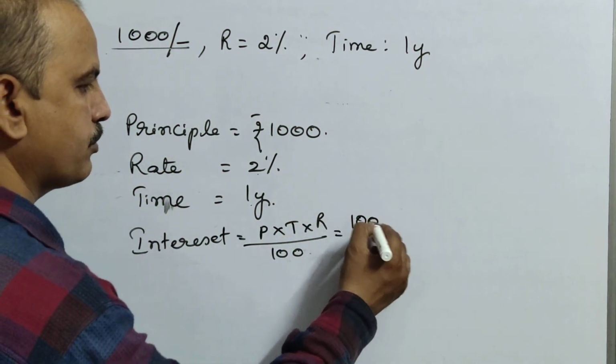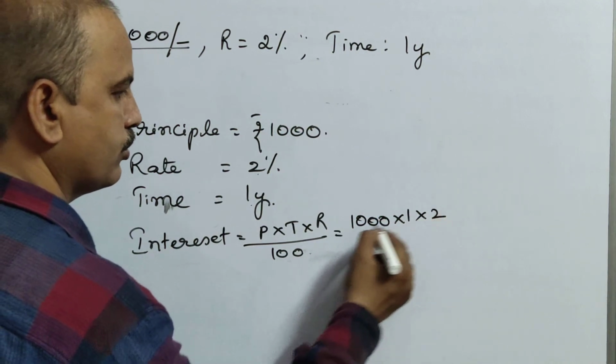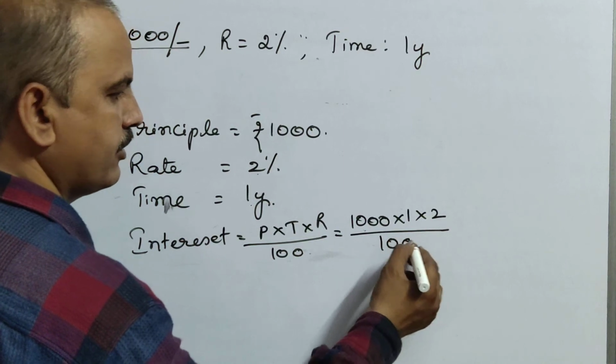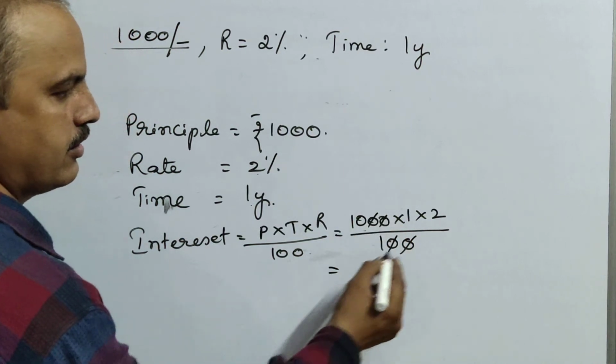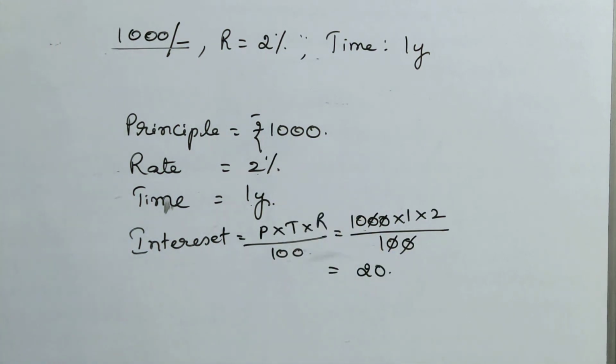Principal 1000 rupees, time 1 year, rate 2 by 100. The zeros cancel. 2 into 10 is 20. So 20 rupees interest is paid, only 20 rupees for 1 year.